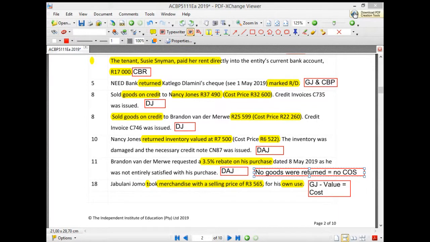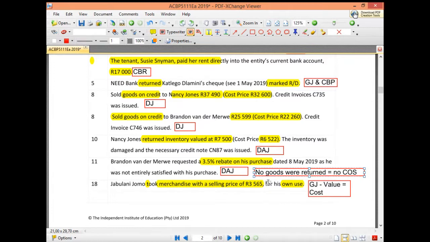Okay, so if we look at the 18th, now we say the owner took merchandise for his own purposes. Now what we said is if I take inventory out of my business, but it's for my own personal use, I will take it out at the cost price. I will not take it out at the selling price.